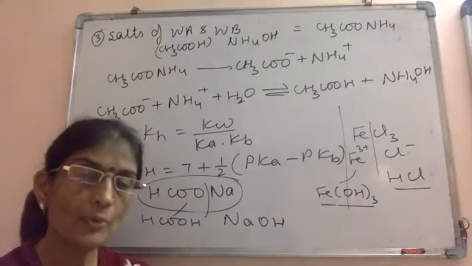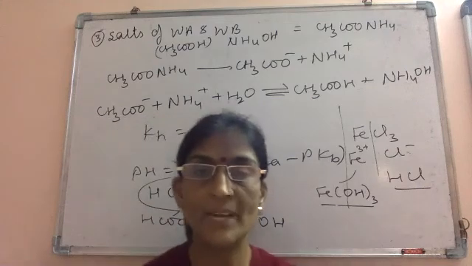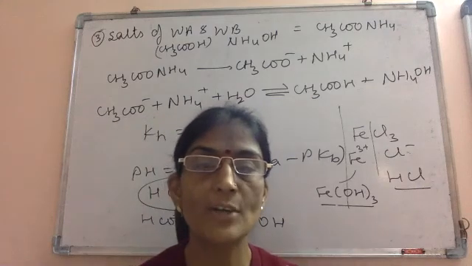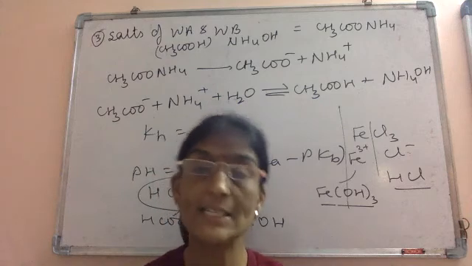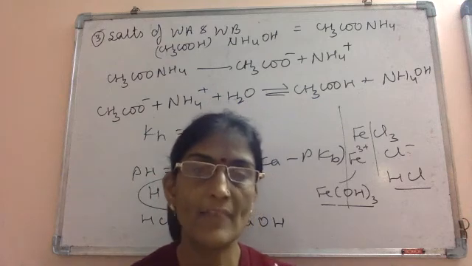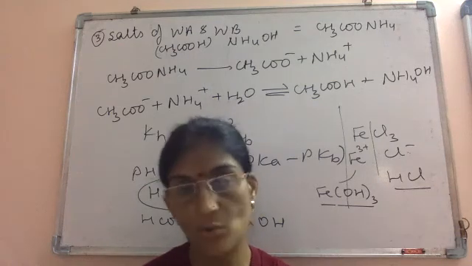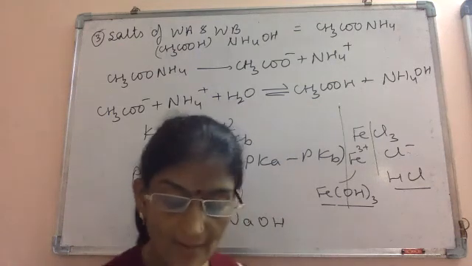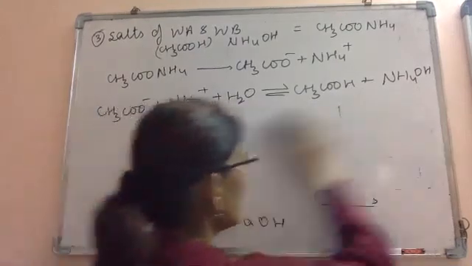So for any salt given to you, just try to find out whether that salt is made up of weak acid, strong base, strong acid, weak base, or strong acid, strong base. Find out what it is made from. And then we can easily find out what type of solution is formed by that salt. For example, suppose we have KCl. Salt is KCl.